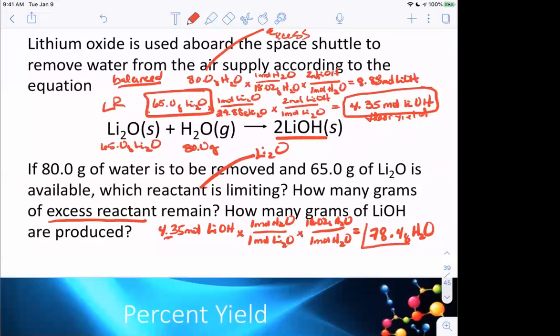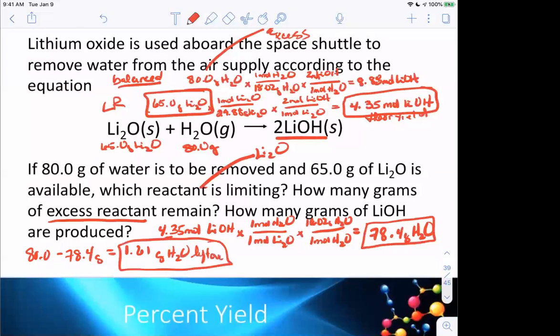This is the amount of water that was used. So how many grams of the water remains? I have 80 minus 78.4 grams, I have 1.61 grams of water left over. So that's the answer to that second one.